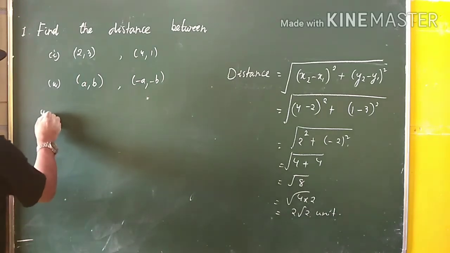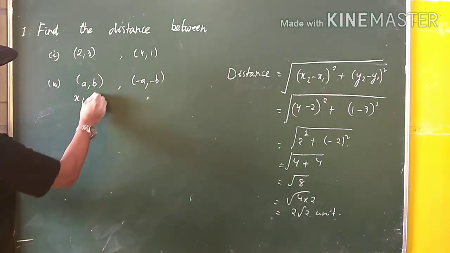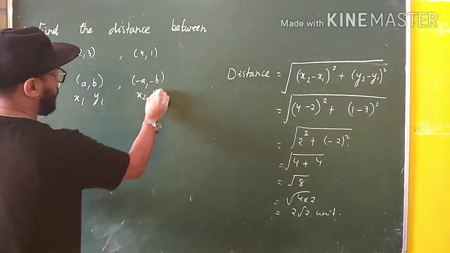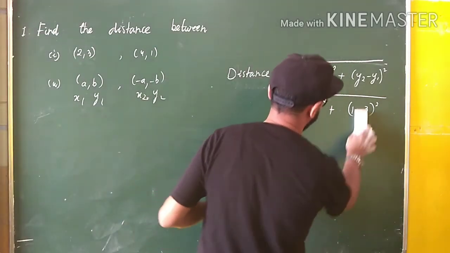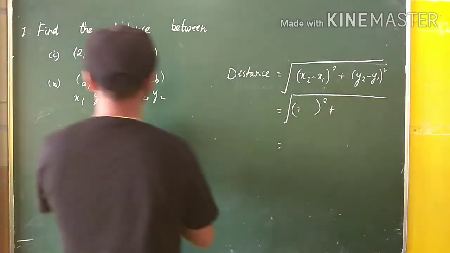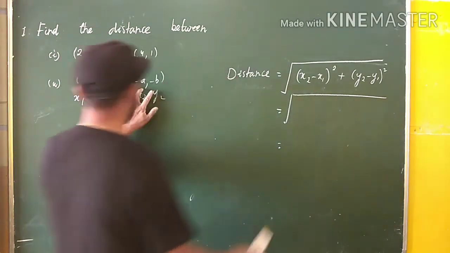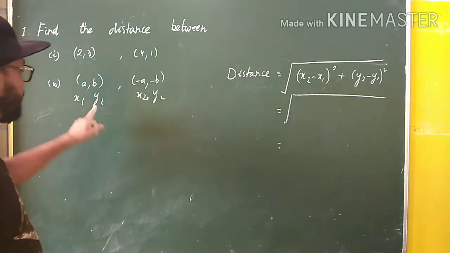Question number 2. Here x1, y1, x2, y2, and here also we do the same thing. Some of the values are negative, so you have to be very careful.